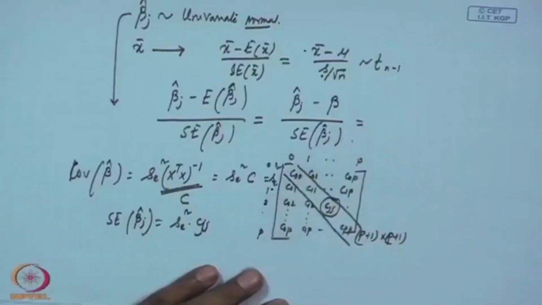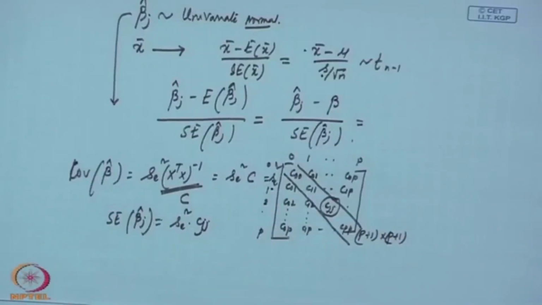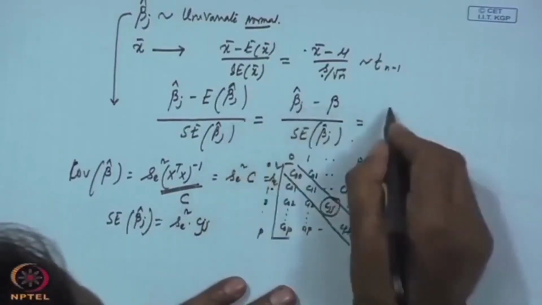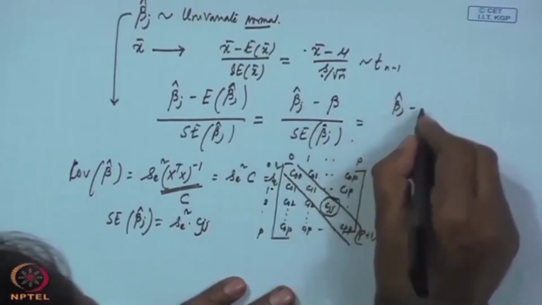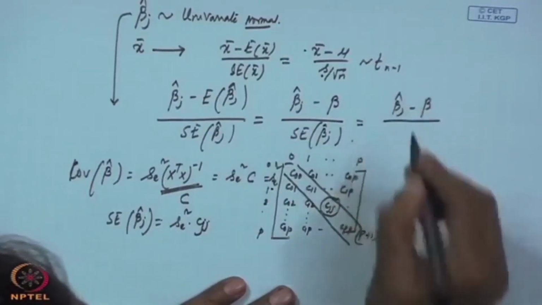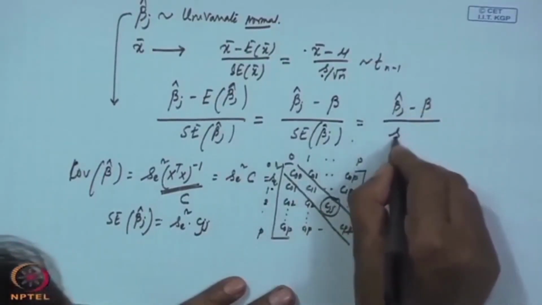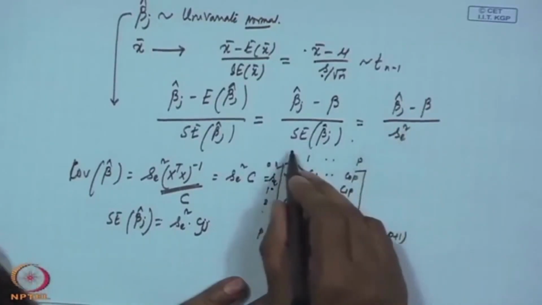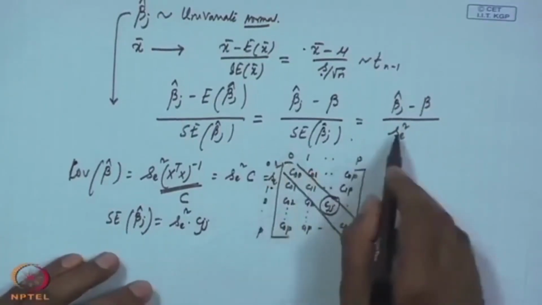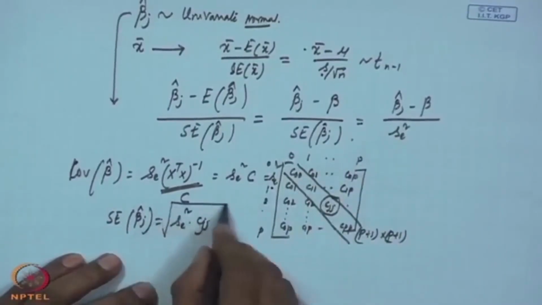Okay. So, you can now write beta j cap minus beta by, you can write this σ², this is standard error. Achha, now, as it is standard error, we have to take the square root.